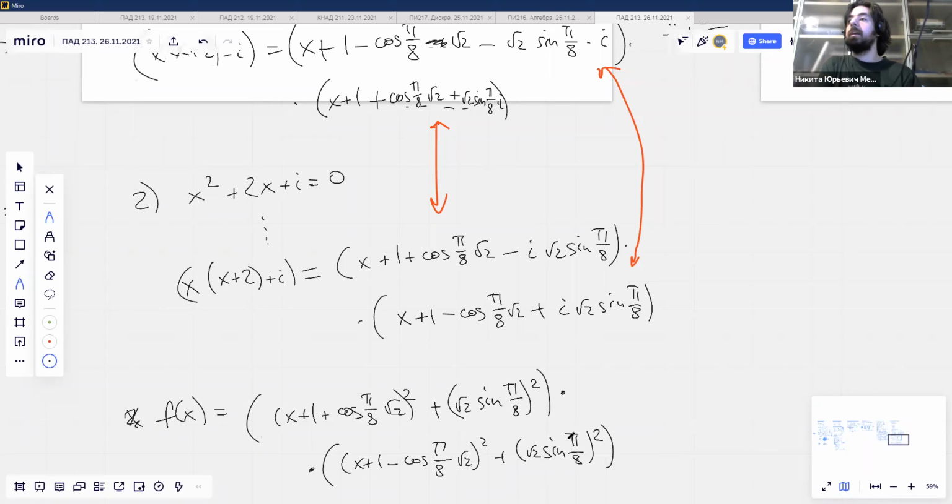So both brackets contain cosines and sines, and they won't go away. So it is not a very nice expression, but still it contains no complex numbers. It is a splitting of the original polynomial into two quadratic polynomials. And note that you wouldn't be able to get it any other way from the original polynomial.